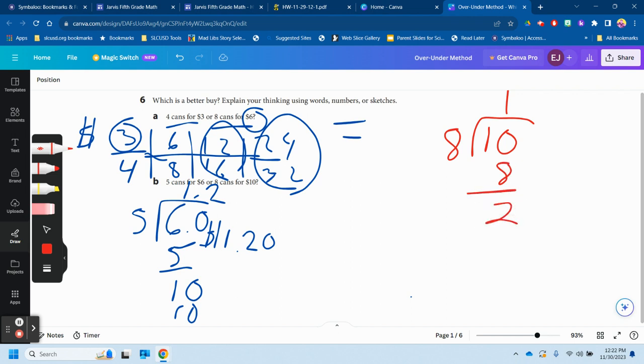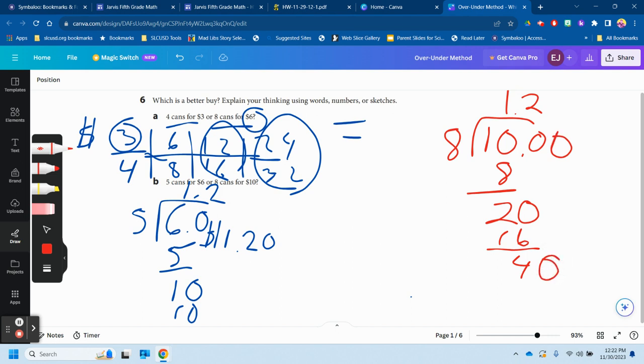$2 left over. If I divide $2 among 8 people, it's easier to think of the $2 as 20 dimes, and each would get 2 dimes. That's 16 dimes, and I'd have 4 dimes left over. If I divide 4 dimes among 8 people, it's easier to think of 4 dimes as 40 pennies.